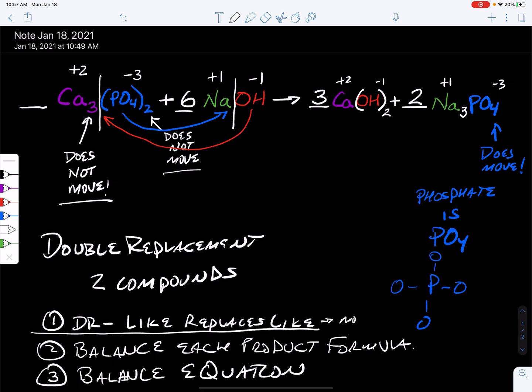I moved my cations and then swapped the anions. I then balanced each individual formula. Only until each formula is taken care of can I then balance the entire equation.